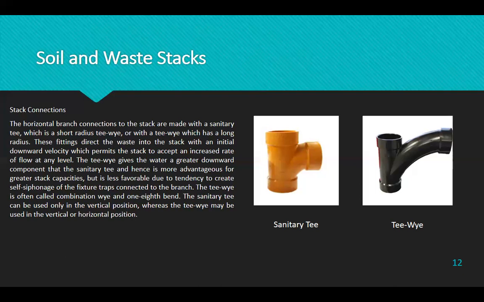The TY is often called a combination Y and 1/8 bend. The sanitary T can be used only in vertical position, whereas the TY may be used in vertical or horizontal position. Yan ang pagkakaiba nito. Kaya pag nag-take off ng materials, nakita mo sa plano, dito lagi yung sanitary T, yung mga nag-connect sa stack.